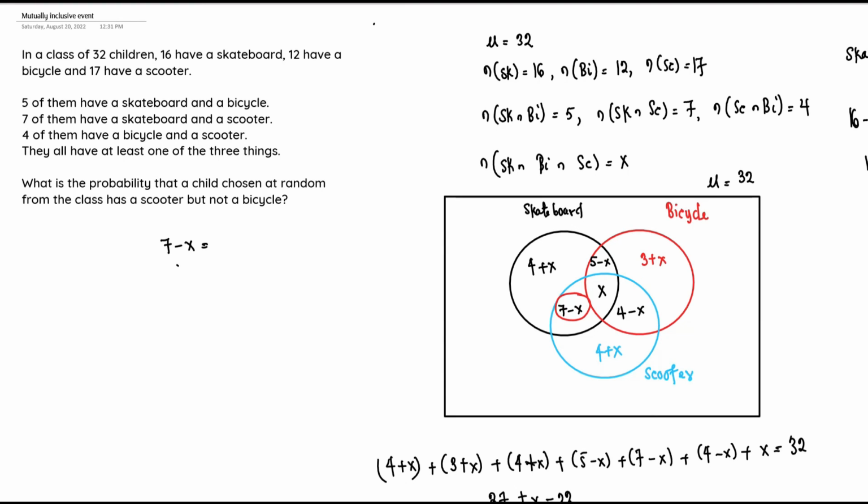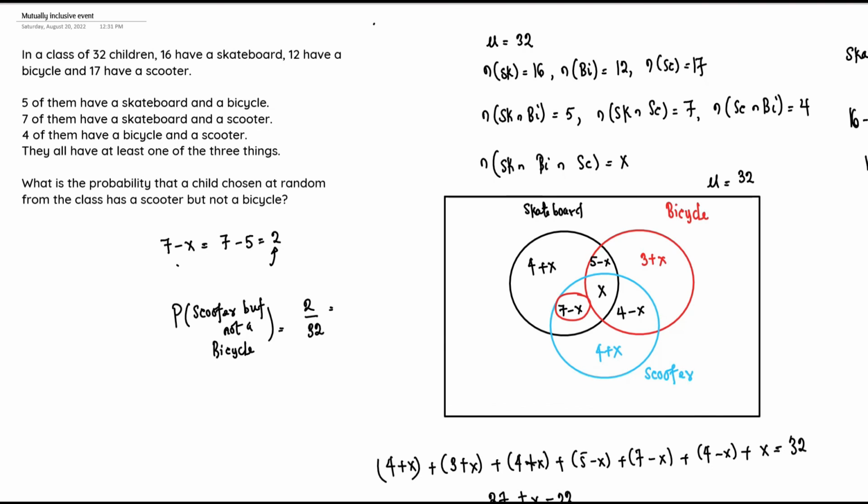And when we do the math, we have 7 minus 5, which is 2. So this is the number of children that own a scooter but not a bicycle. That is, these children own a scooter and a skateboard but they do not own a bicycle. So the probability of a child owning a scooter but not a bicycle is equal to 2 divided by 32.